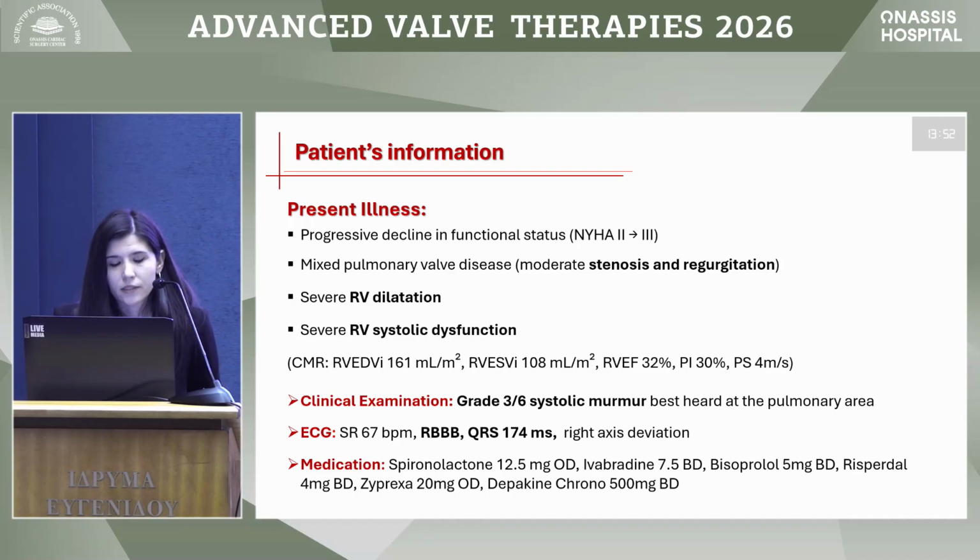Now the patient has progressive decline in his functional status from NYHA 2 to 3. And we found from our assessment a mixed pulmonary valve disease with moderate stenosis and regurgitation and severe RV dilatation and RV systolic dysfunction, as you can see from the measurements from the CMR.